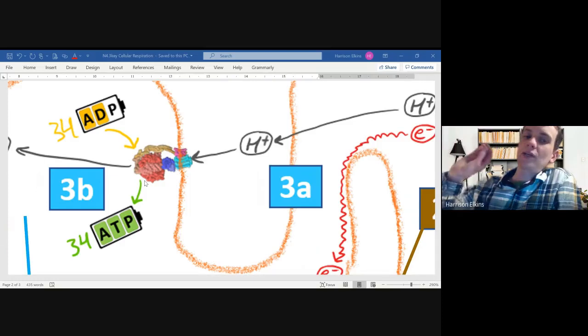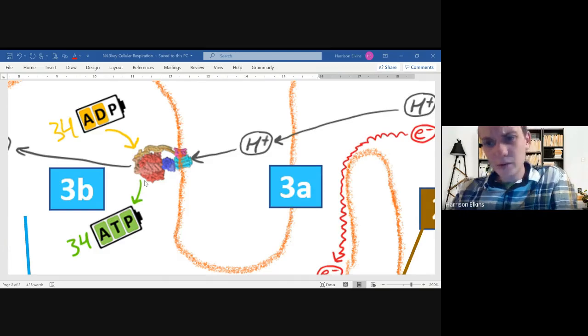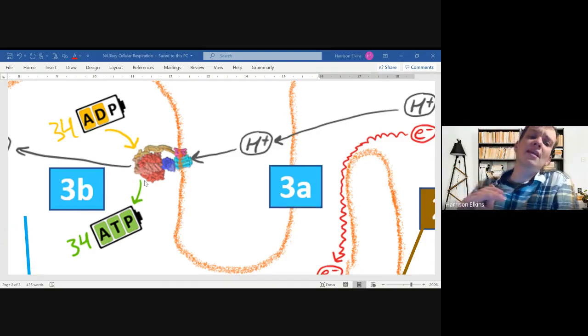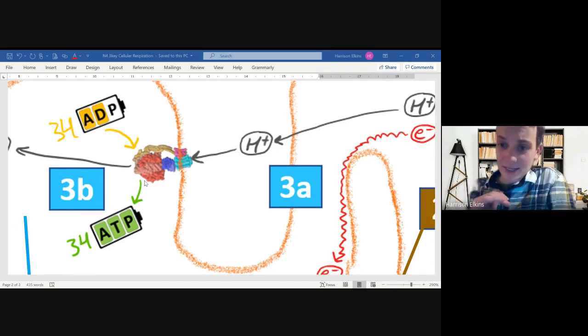It's going to take those and attach them to the ADPs to make them ATPs, okay? It can only do that if hydrogens are flowing through it. So then it's going to take the ADPs and turn them into ATPs, and I'm charging my batteries.